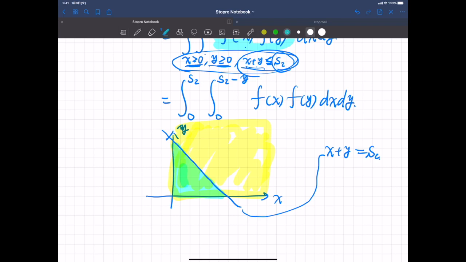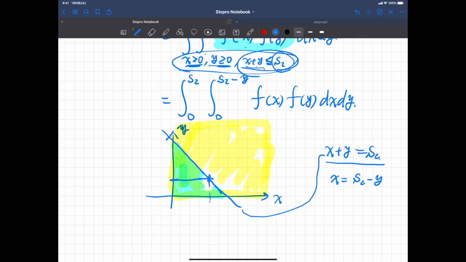If we fix a value of y, then we integrate x from 0 to this value. This is a point on the line x plus y equals s2, so x should be equal to s2 minus y.